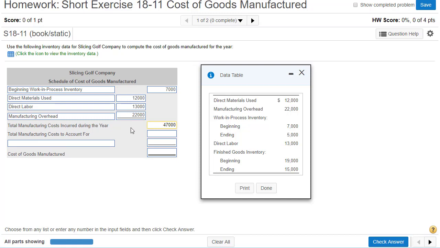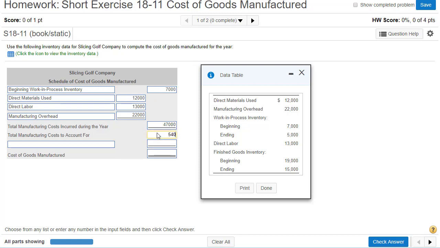And those are the total manufacturing costs incurred during the year. And then we're going to take the 47,000 plus the 7,000 beginning, which gives us 54,000. Those are our total manufacturing costs to account for.